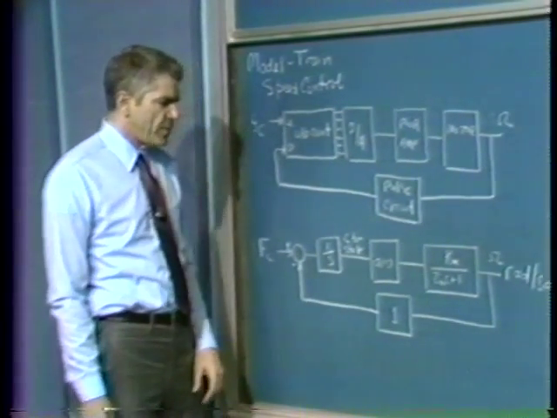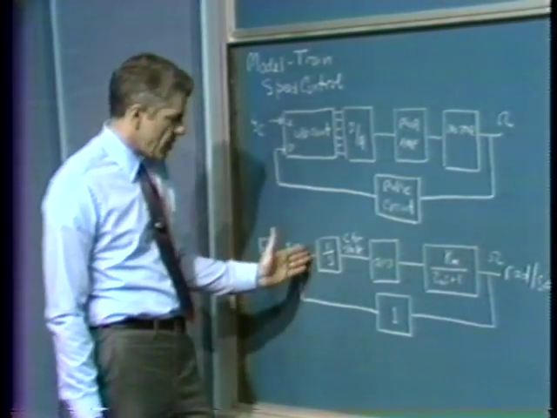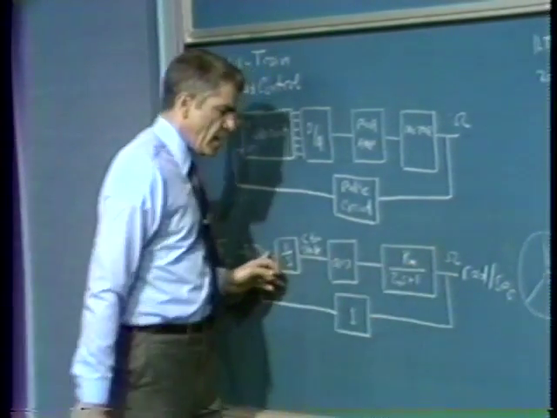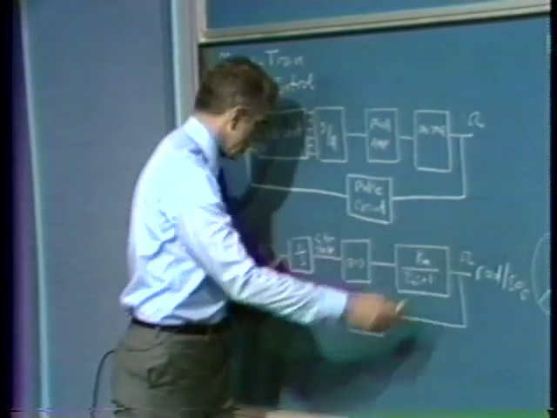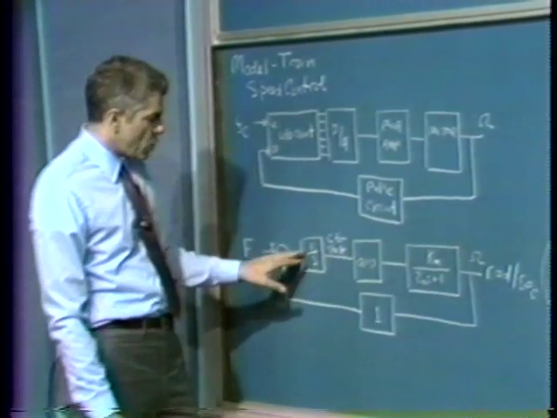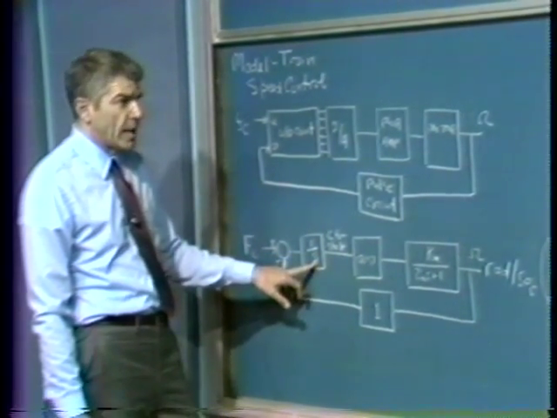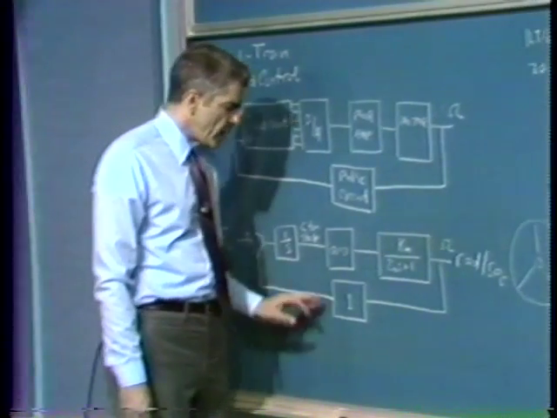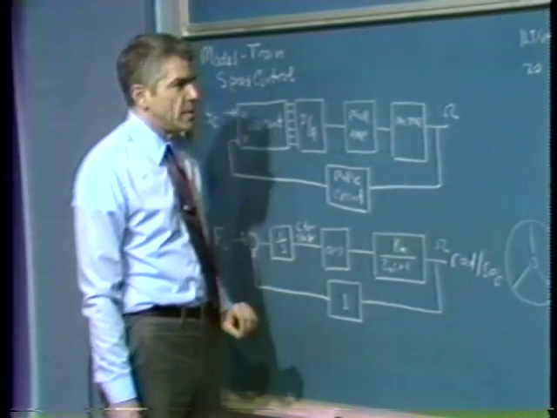So the transfer function from here to here, where the dimensions are radians per second per count, is 20 divided by S.